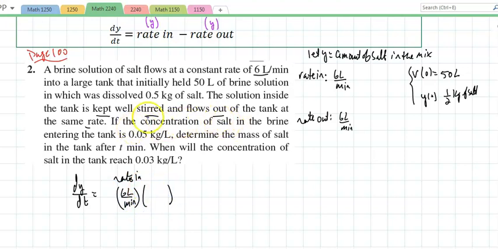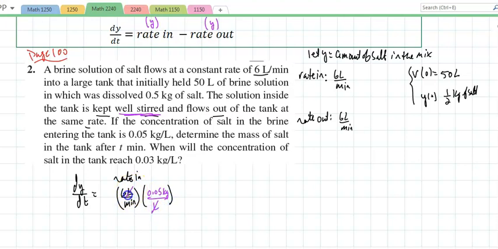So, and we're stirring this. All of these problems are under the assumption that we're stirring those well, in which the concentration is the same all throughout the medium. So it says, if the concentration of salt in brine entering the tank is 0.05 kilograms per liter.